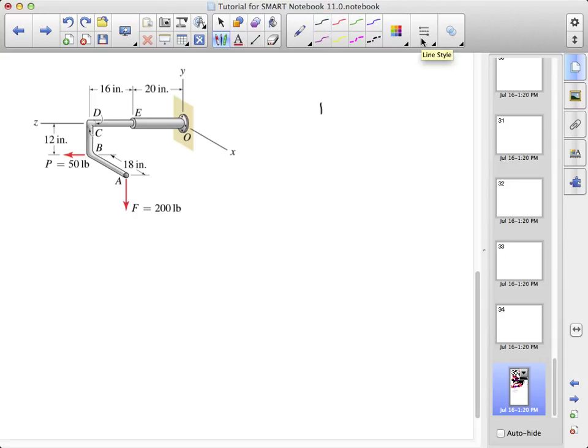So our free body diagram now for CBA will be based on this. We'll just make a note that our XYZ coordinate system looks like this.